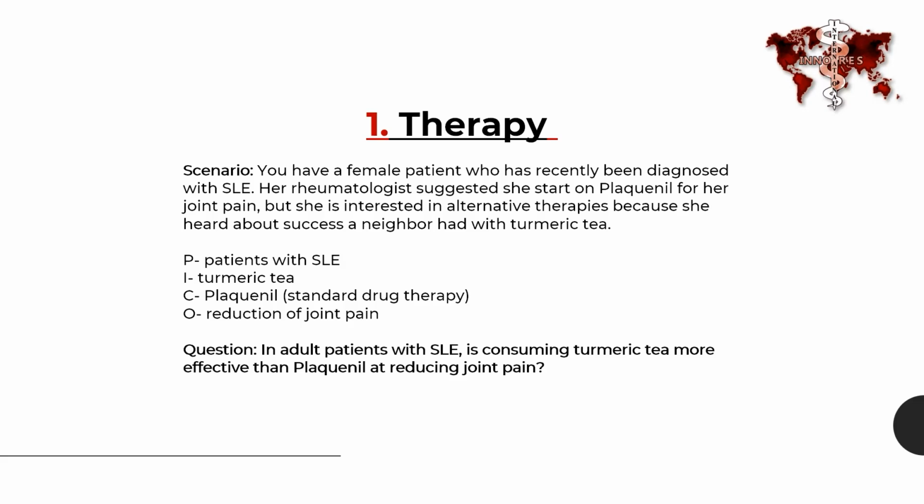So we have all elements of PICO and we can frame our question, which can be framed in any way, but of course we will have the PICO. Like: in adult patients with SLE, is consuming turmeric tea more effective than Plaquenil at reducing joint pain? And here we have our research question.